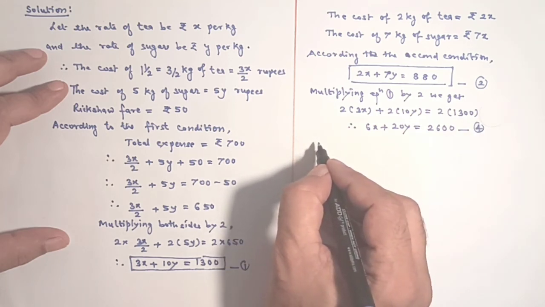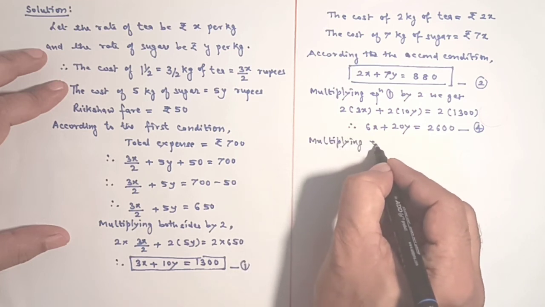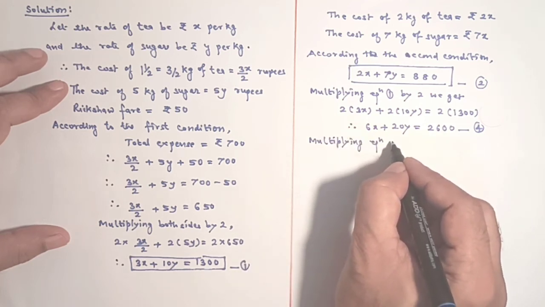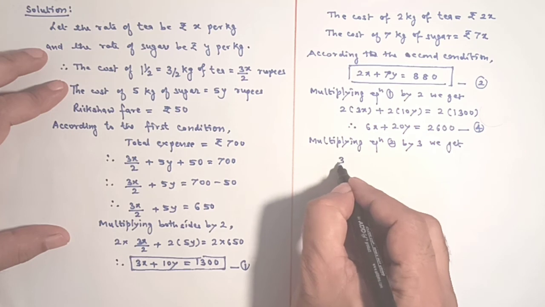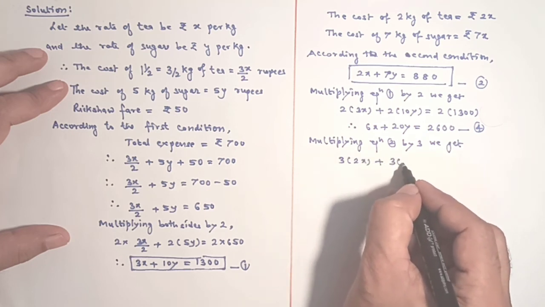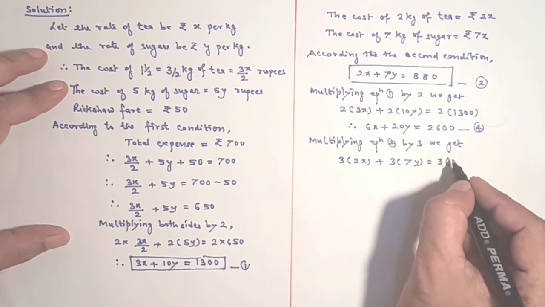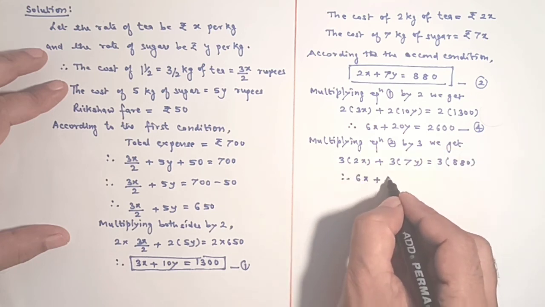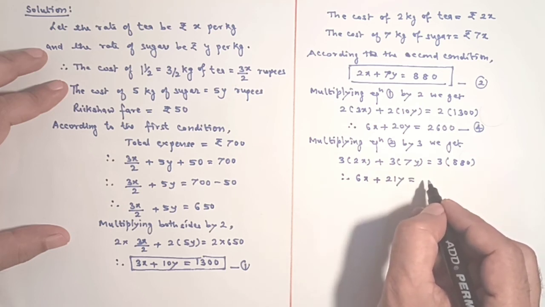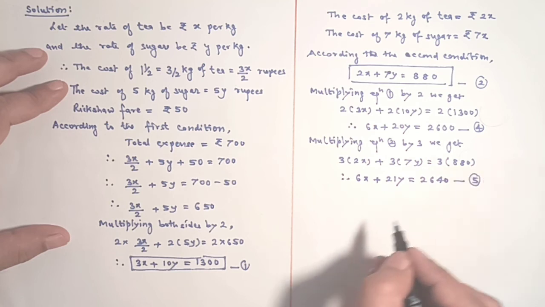Similarly, multiply equation number 2 by 3. Multiplying equation 2 by 3, we get 3 into 2x plus 3 into 7y is equal to 3 into 880. Therefore 6x plus 21y is equal to 2640. It will be equation number 3.